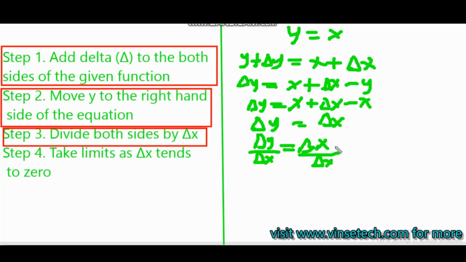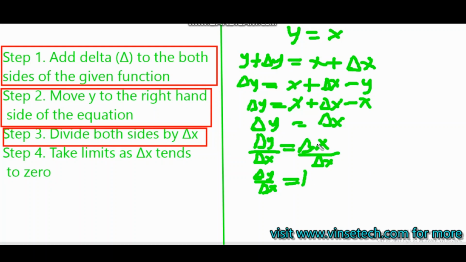Then this in turn, you see change in x will cancel change in x, so we now have change in y all over change in x is equal to 1.